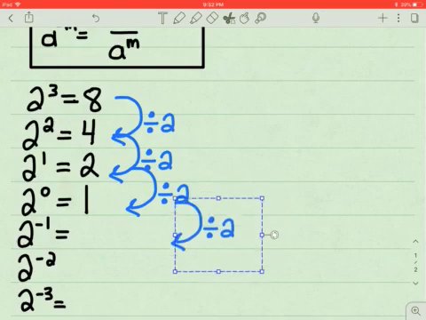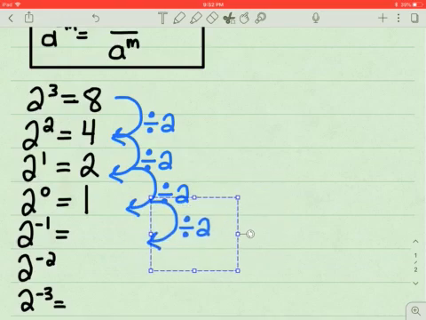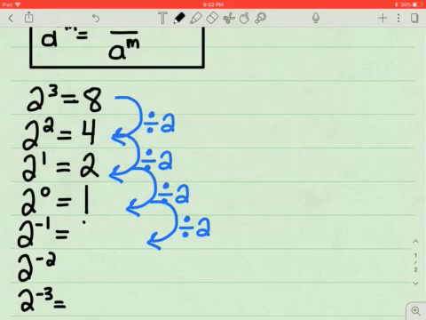And if I continue that pattern, 1 divided by 2 would be 1/2. And if I continue to divide by 2, 1/2 divided by 2 is 1/4. And this would be 1/8.